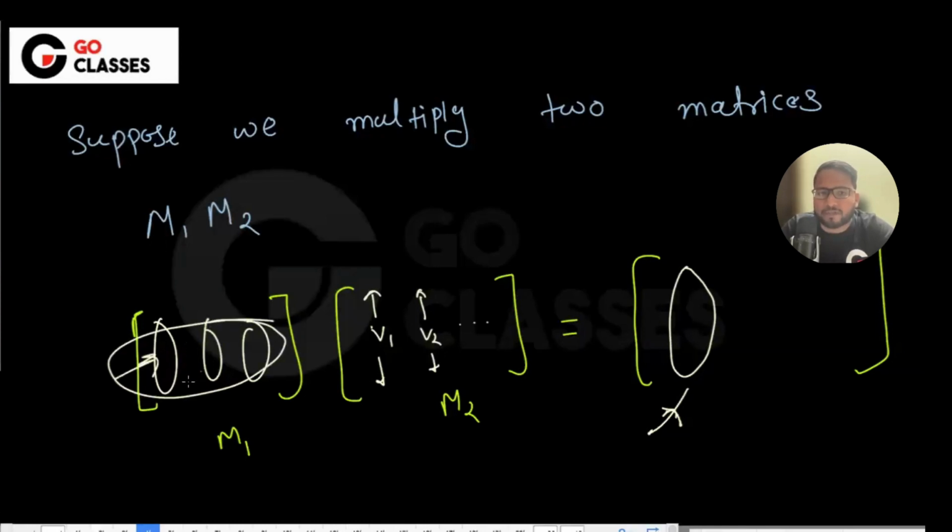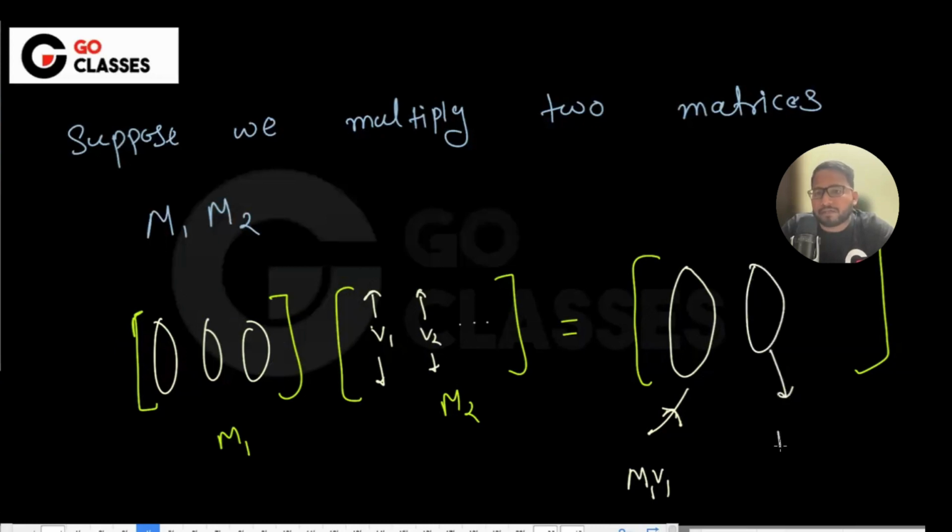You will be multiplying something here, something here, something here. So it will be coming from B1 or it will be coming from B2. Yes. So Aditya is saying that it will be coming from B1. Yeah, that is correct, right? So basically this column is nothing but M1 V1. Do you agree with me? The second column will be the same as M1 V2.